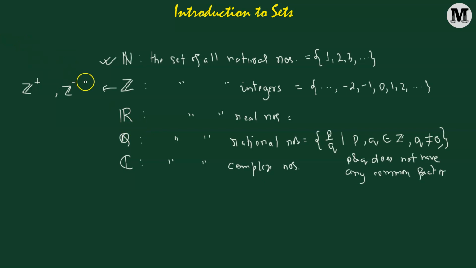So this is the end of the session for today, and we have discussed what a set is, and we have talked about different ways to represent a set. We have talked about two ways. One is the tabular form, where we list out all the elements that belong to a particular set, and the other one is the set builder form.